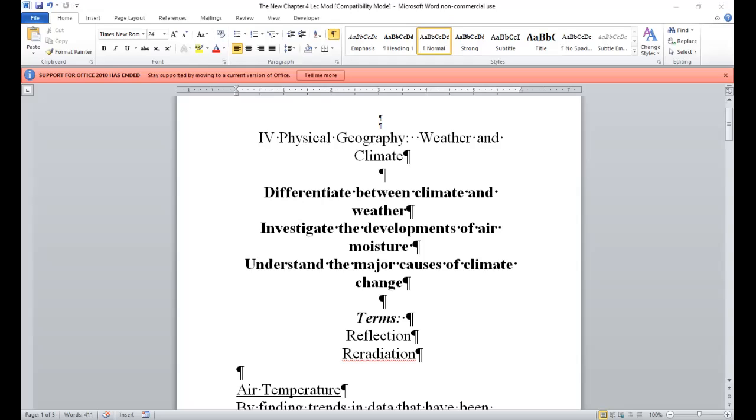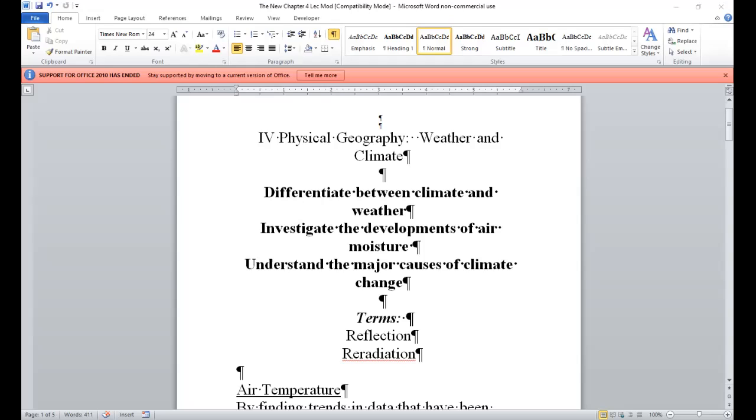Reflection is that deflected solar radiation. It doesn't make it to the Earth's surface, and we'll talk about the detailed elements that do that. And then re-radiation, the received radiation from the sun that reaches the Earth's atmosphere and then makes it back to the atmosphere.